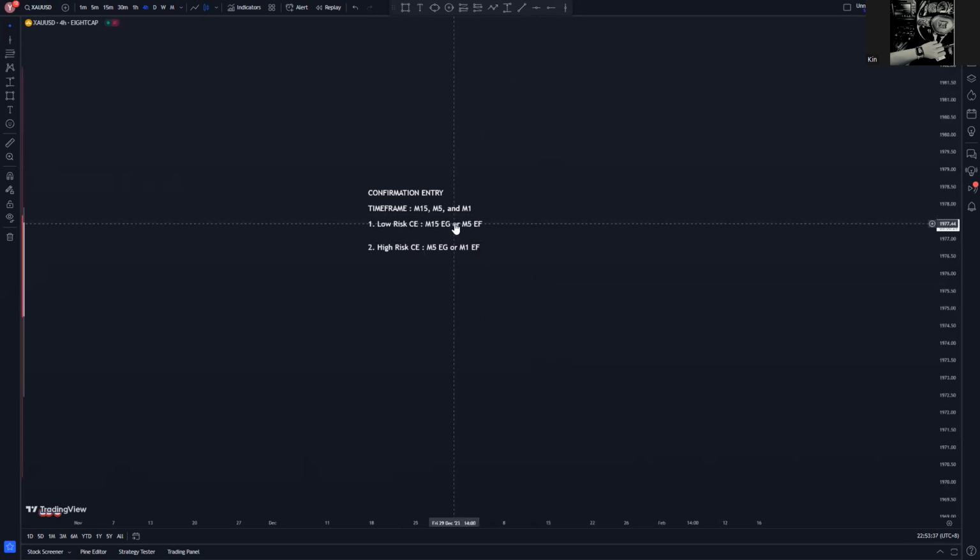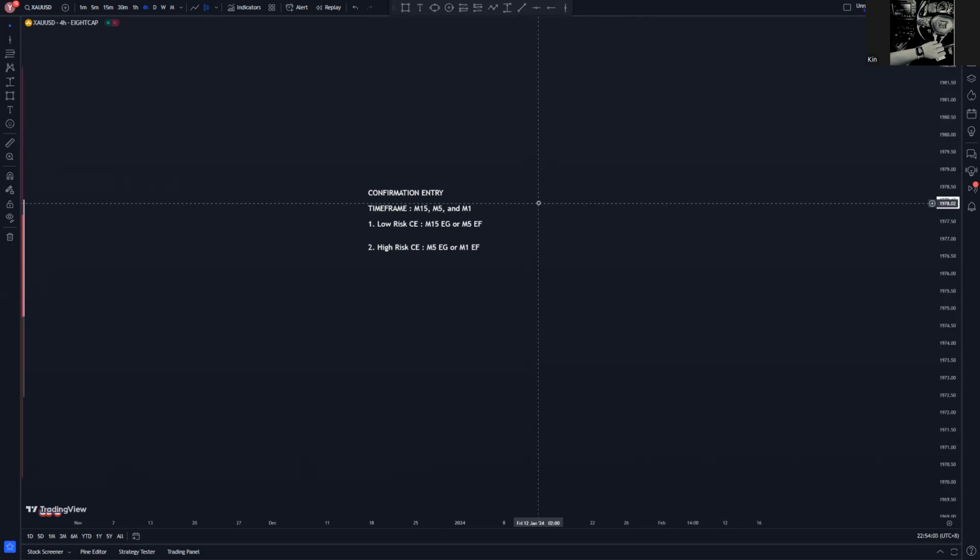At that time I missed too many entries, I'm not going to lie. Sometimes I missed 50 pips, sometimes 100, 150, or 200. The logic is that when we talk about M15 to create an EG and M5 to create an EF, it requires a lot of work.